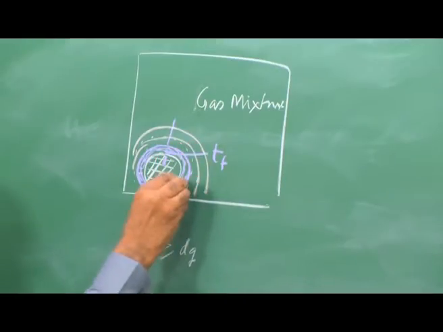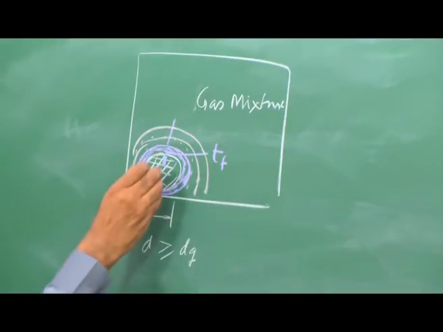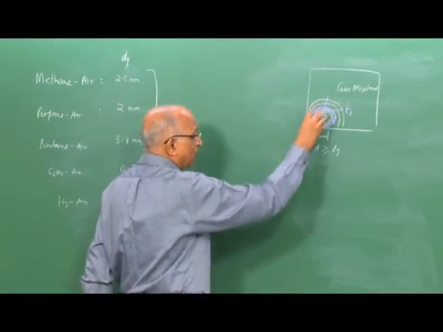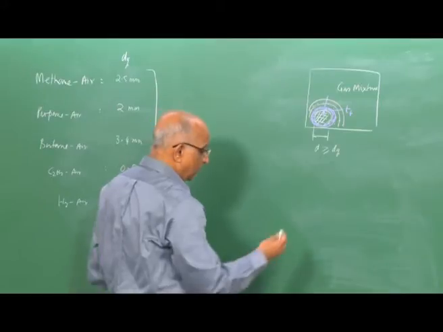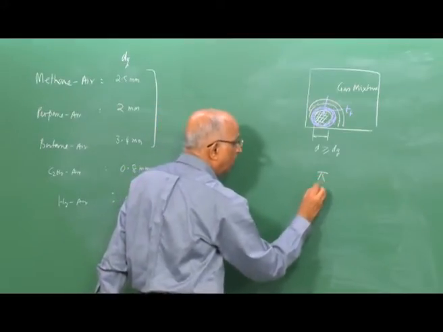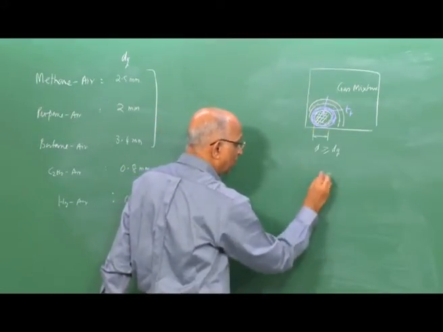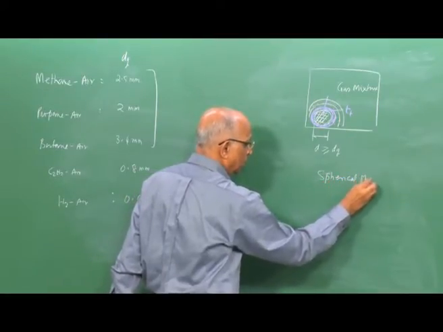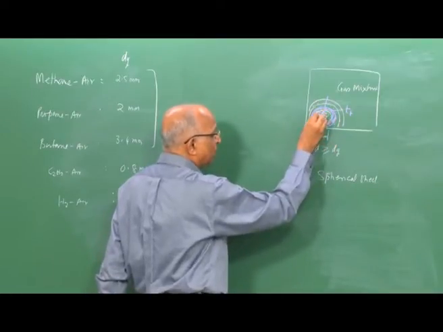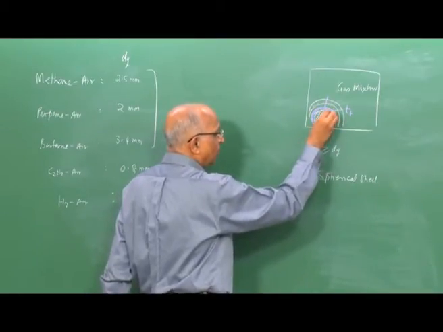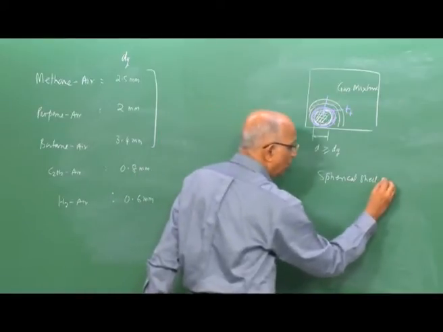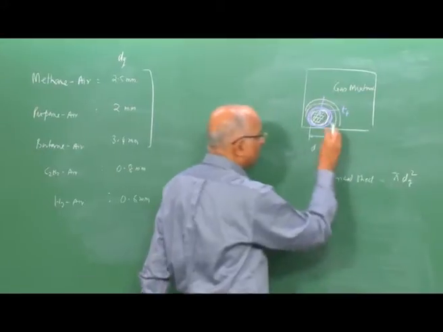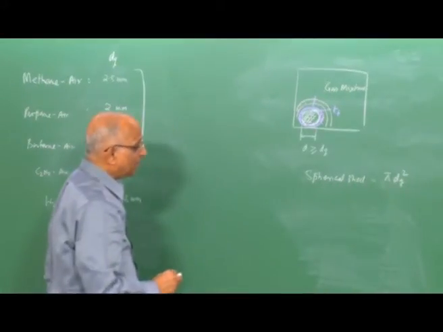Therefore, what is the mass of gas which the kernel must ignite? Well, the volume of this spherical shell which surrounds it... we are talking of a spherical shell. The surface area of this sphere here is equal to 4 pi r squared, that is equal to pi into dq square, because we say it is of the order of the quenching thickness.